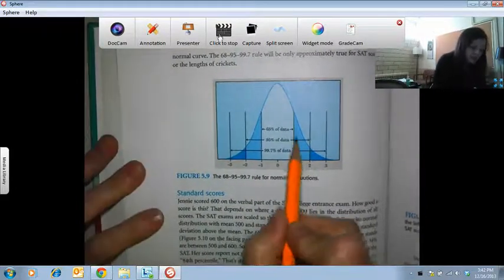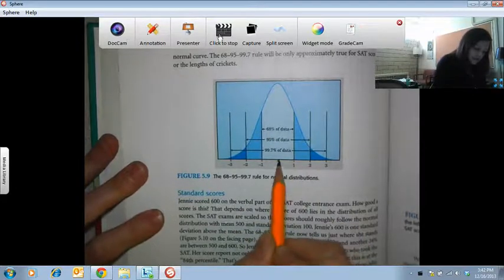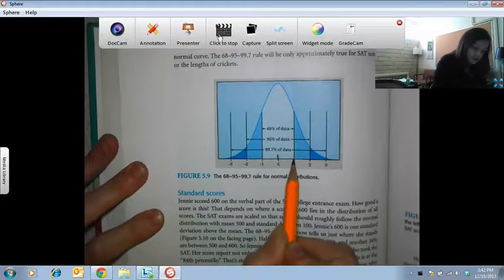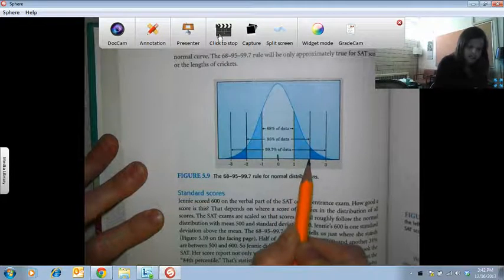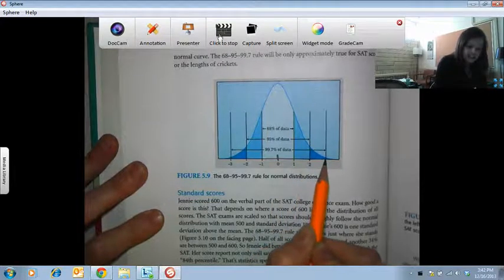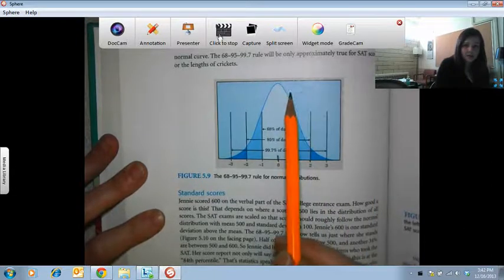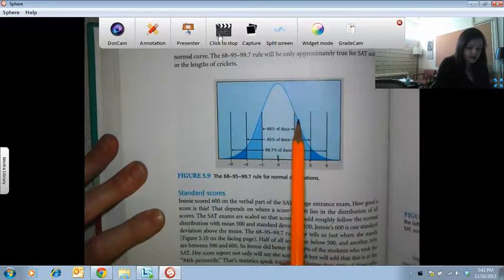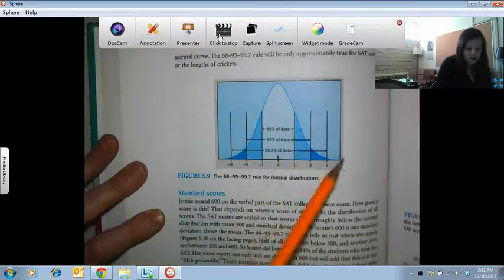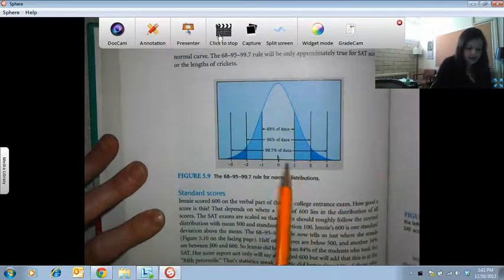And each one of these is a standard deviation. So here's the mean. So here's 1 standard deviation, 2 standard deviations, 3 standard deviations. And it says in the book that you can tell where they start by looking at where the curve starts to change shape and go back this way. And they're all the same size.